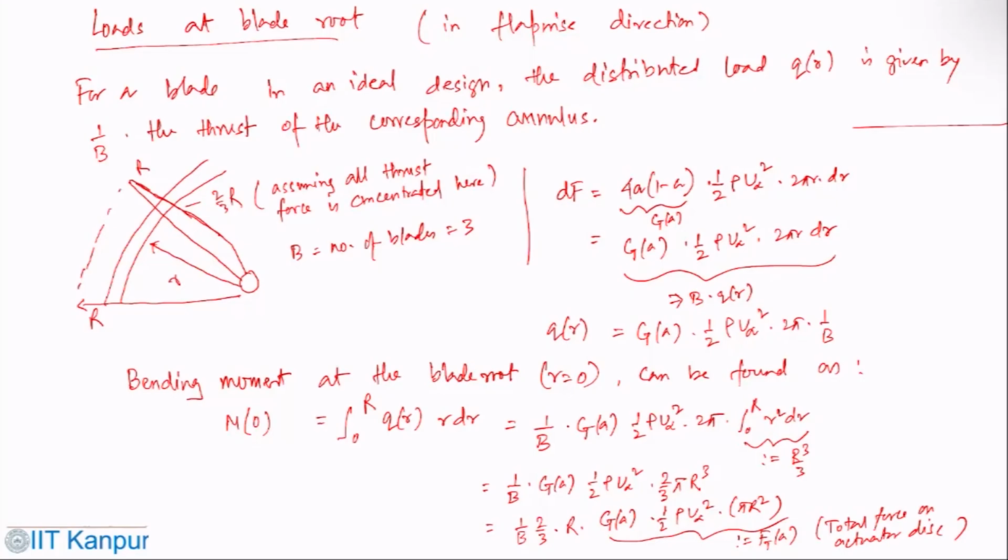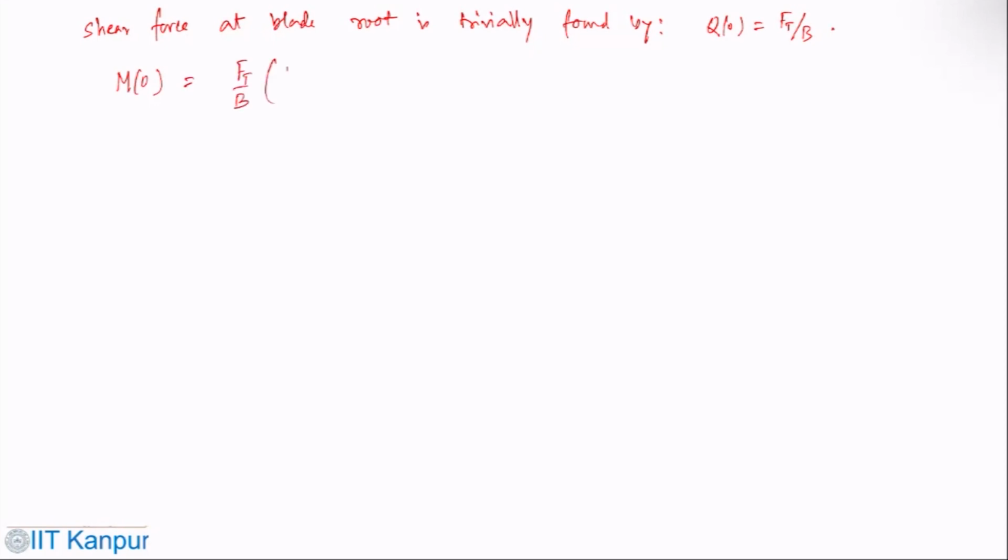And similarly, the shear force at the blade root is trivially found by Q of 0 equals F_T by B. So one can think that the moment M of 0 is F_T by B, which is the total force on the blade, into 2/3 R, that is 2/3 of the radius.